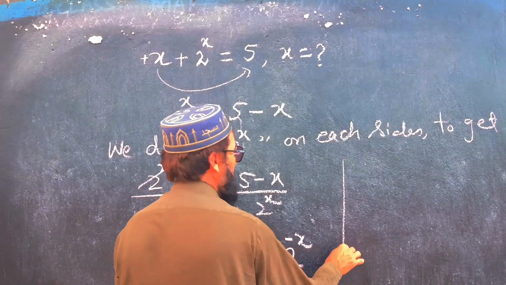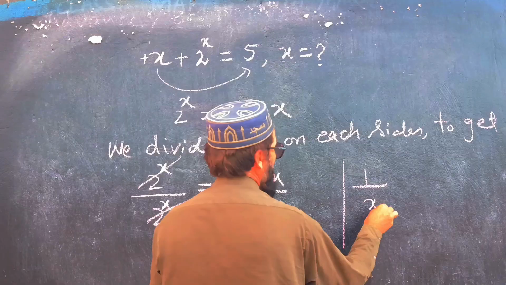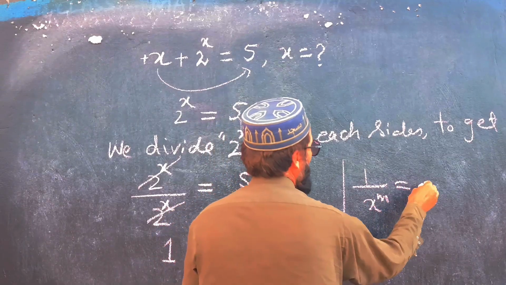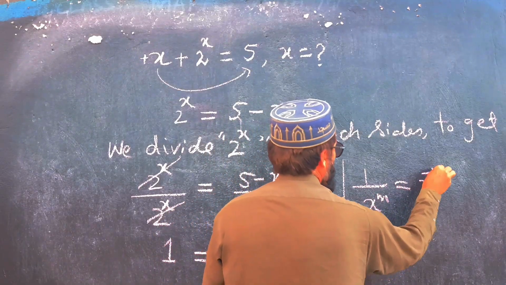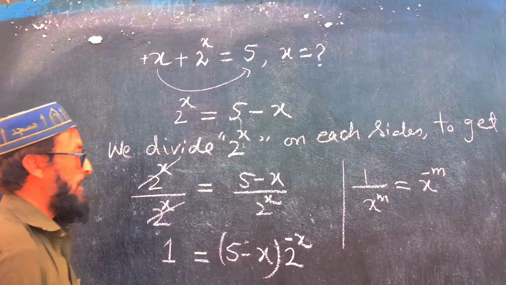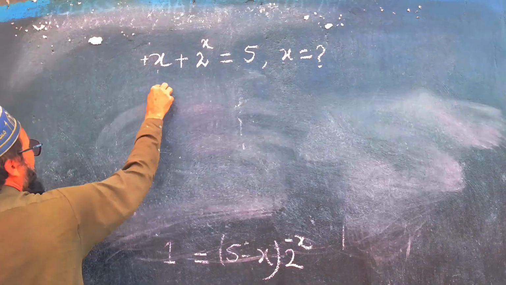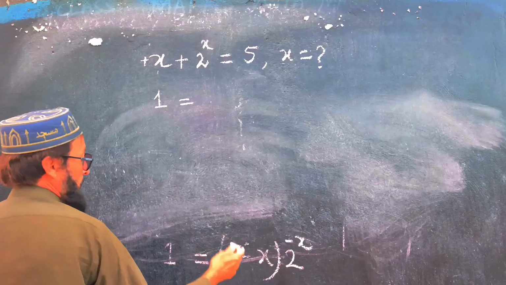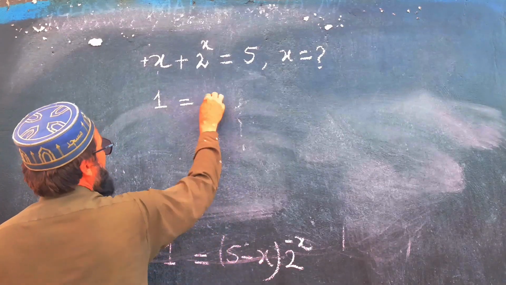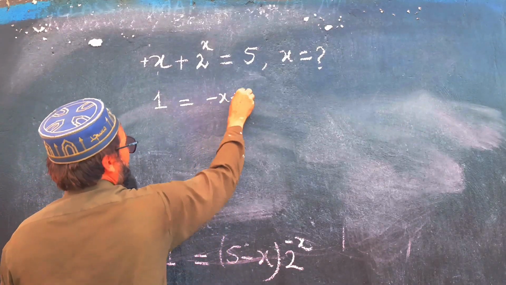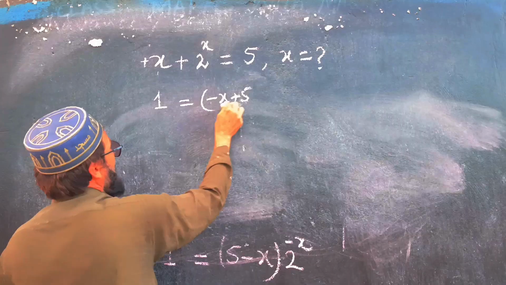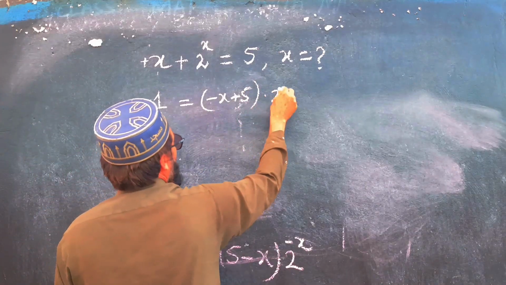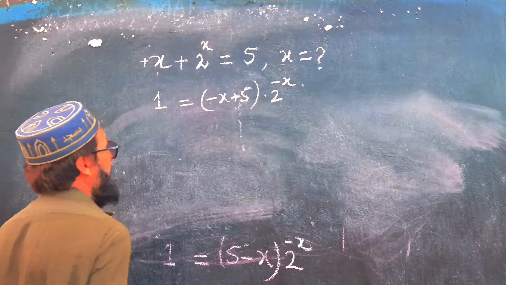According to the rule, 1 divided by x exponent of m is equal to x exponent of minus m. According to this rule, we get 1 is equal to, now we can arrange this term, minus x plus 5 into 2 exponent of minus x.